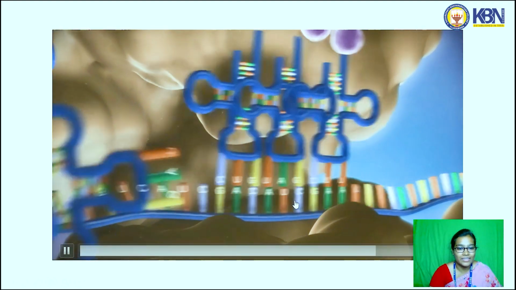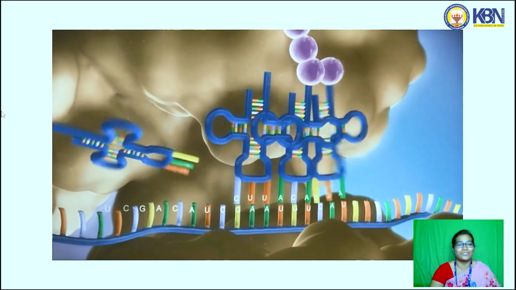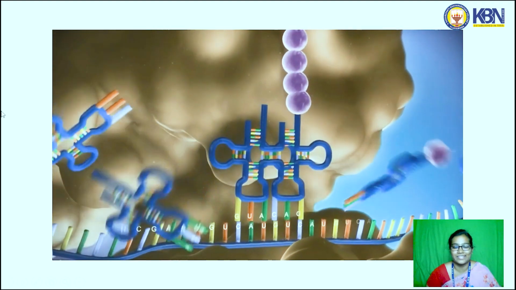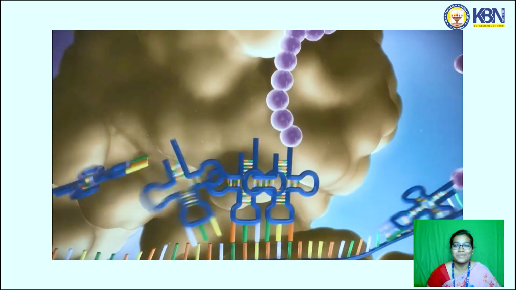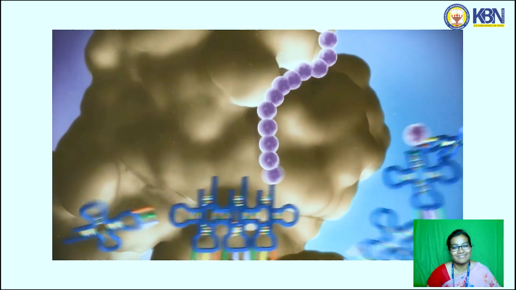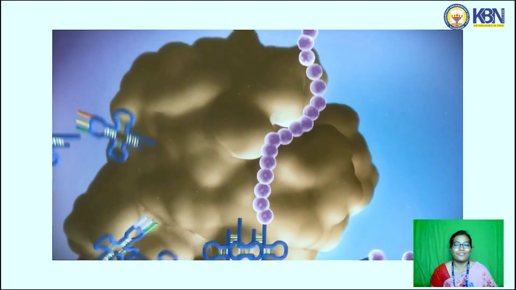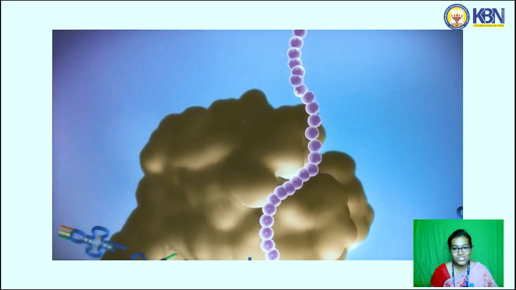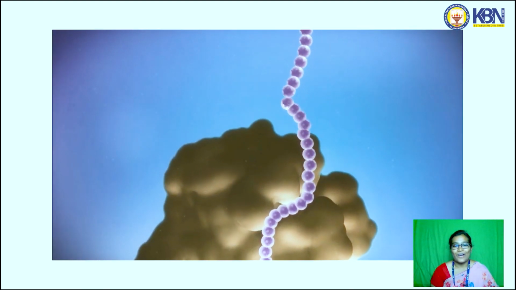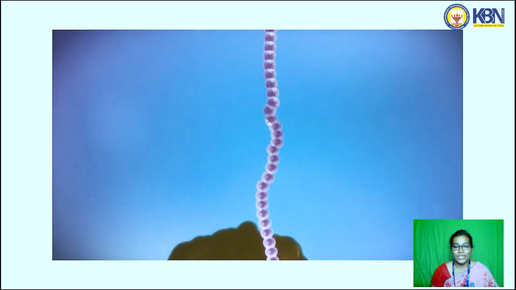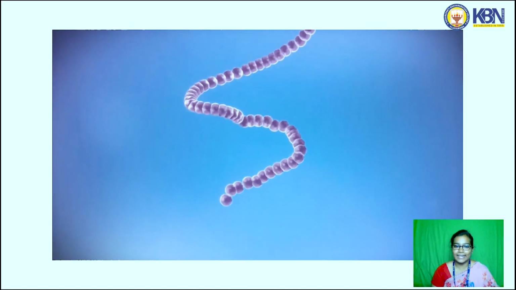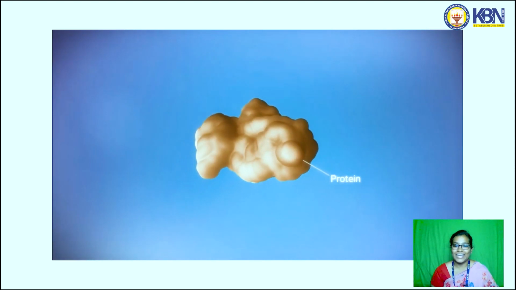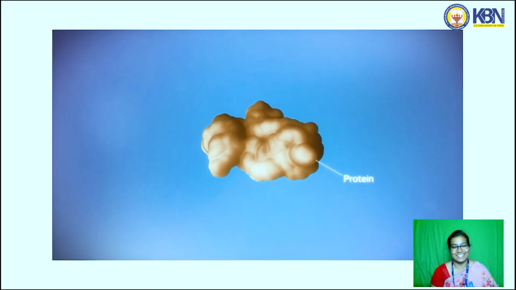You see these 3? Yes. It reads 3 codons, adds 1 amino acid, and then forms a polypeptide chain, a long chain of amino acids, like beads on a string. Yes. All these beads, when the mRNA is completely read, it stops making polypeptide. It folds and becomes a protein. That's how all the proteins in our body are made.